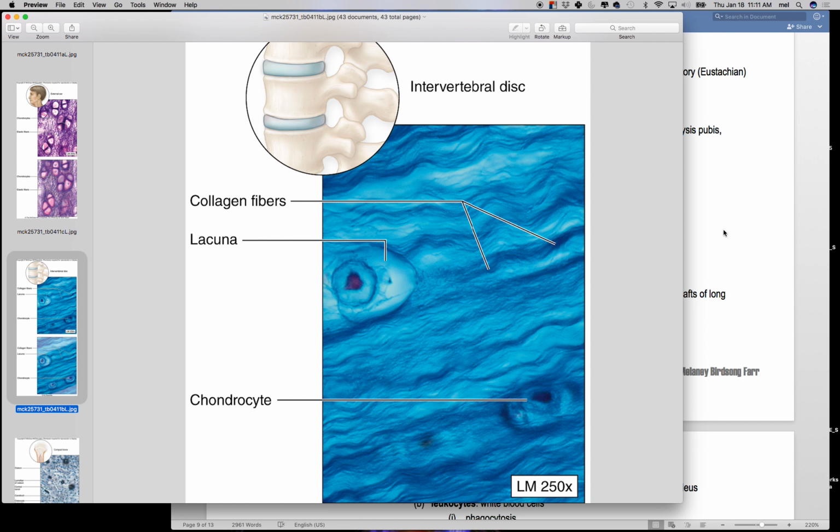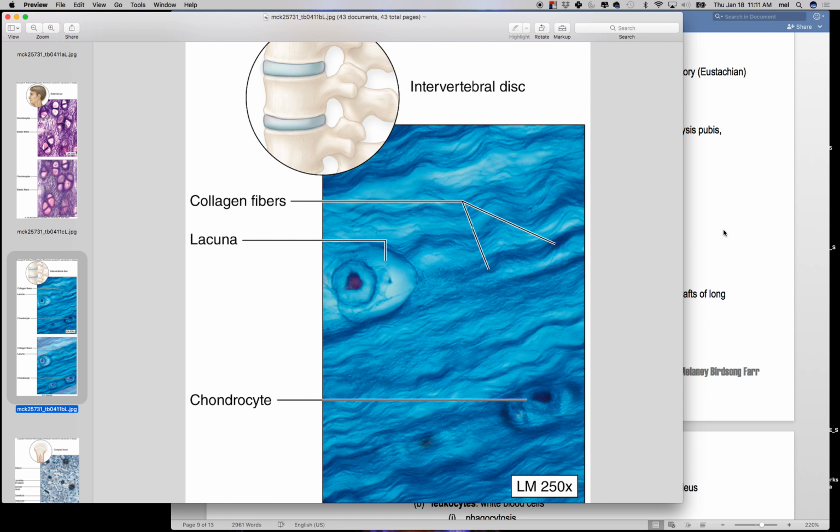But don't use that as your exclusive thing, because what you really want to look at is the fact that you can tell it's cartilage because it's got frames around the cells. And then with fibrocartilage, all the fibers are parallel. They were not with elastic cartilage, and you couldn't see them at all with hyaline. So all the fibers are parallel. This is a really, really strong cartilage, and you will find it in areas where you've got a lot of stress, especially between bones.